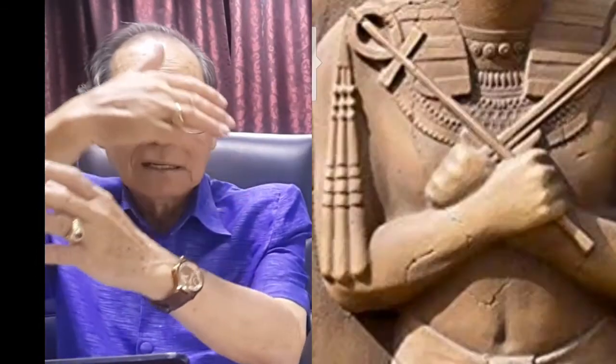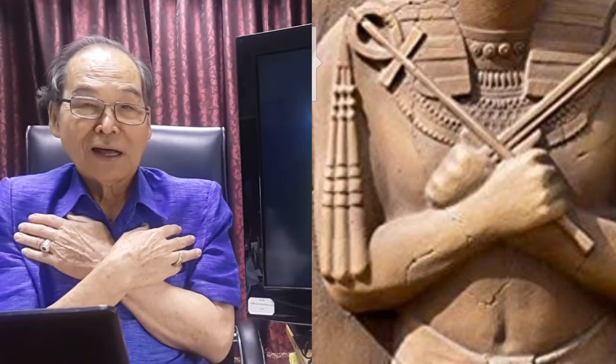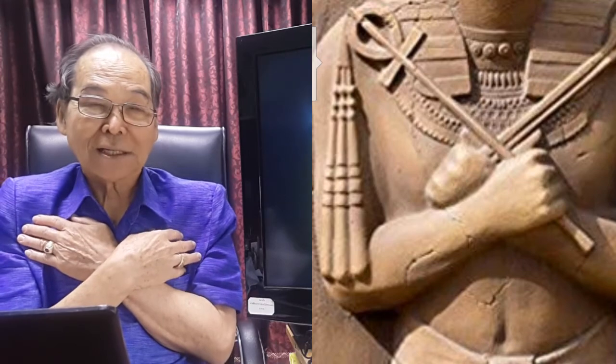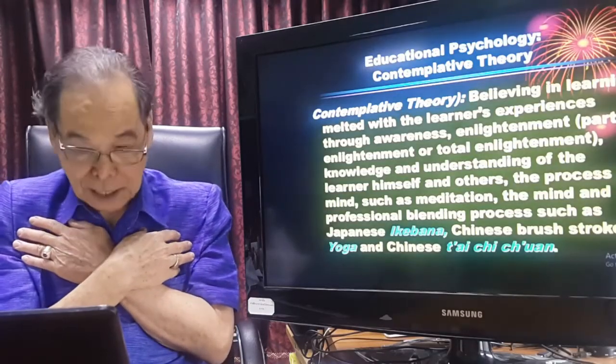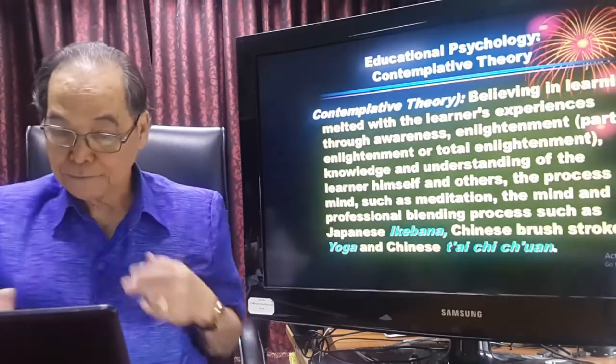And suddenly my hand moves up. This is just acting. And then it ends up like this. You can see this kind of thing in Egypt. They call Ra the god of the sun, something like that.